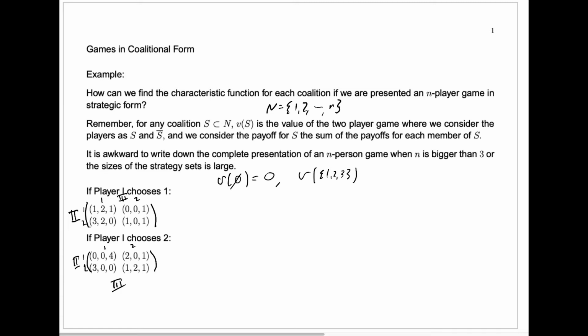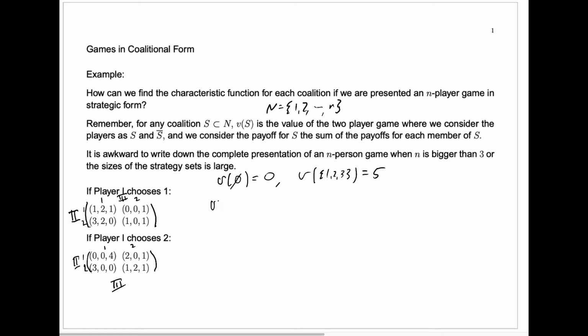You can look at every entry here and you see the highest total is 5. If player 1 chooses 1, player 2 chooses 2, and player 3 chooses 1, they get a total of 5 units as a payout. How can we find some of the other values?